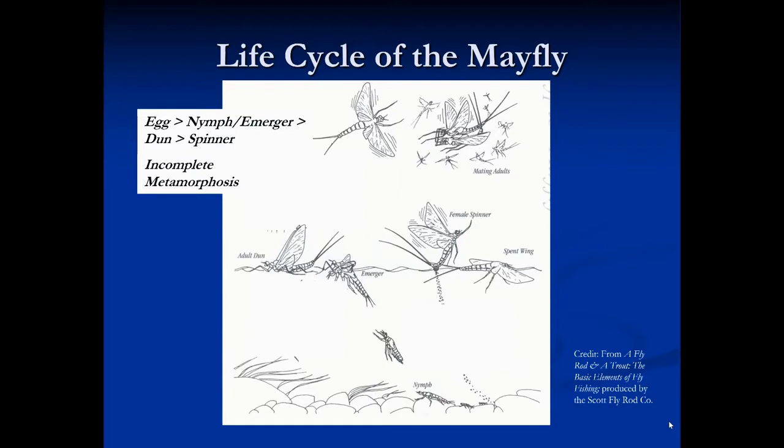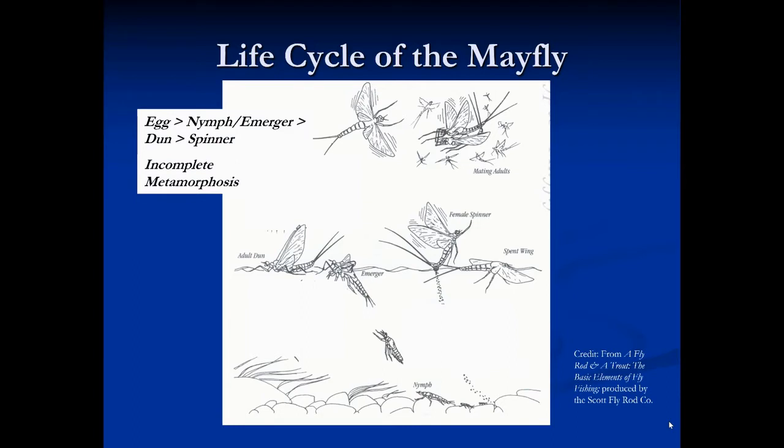And at some point in their life, they all often will emerge together, be on top of the water. Their wings will come out. And when their wings are set to go, they'll fly up, find their significant other, and finish the life cycle. The female will come back to lay their eggs, and then they die.